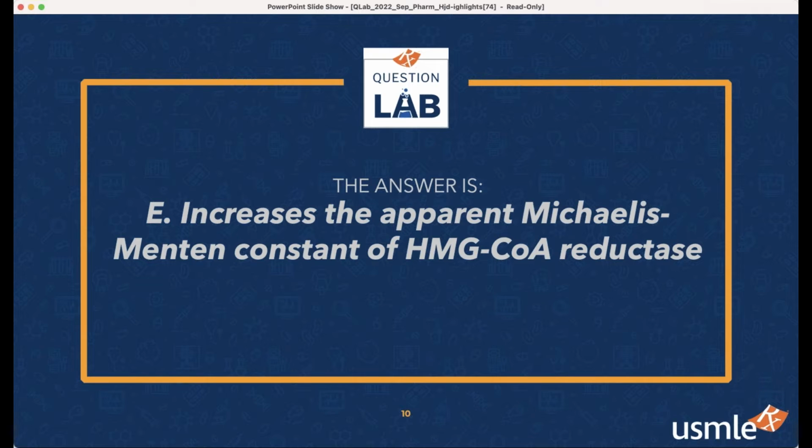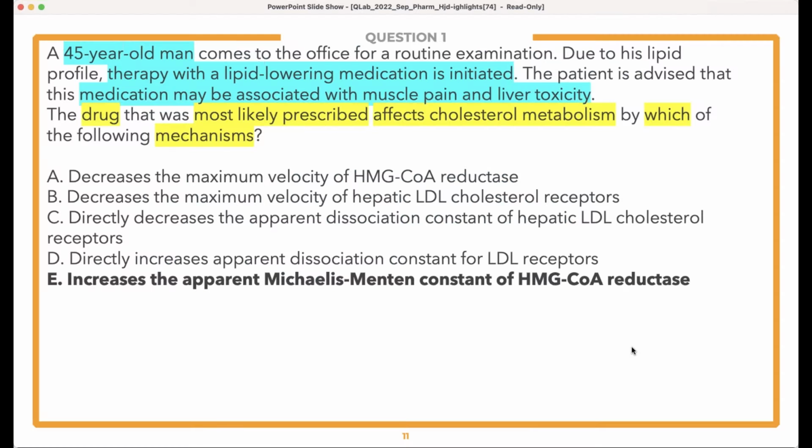Yeah, absolutely, Jeff. So let's talk about this first question, okay? Hopefully you picked up on the fact that this medication being started was a statin. Statins are one of the best first-line treatments for hyperlipidemia. One of the common side effects involves muscle pain or myalgias, myositis, as well as liver toxicity.